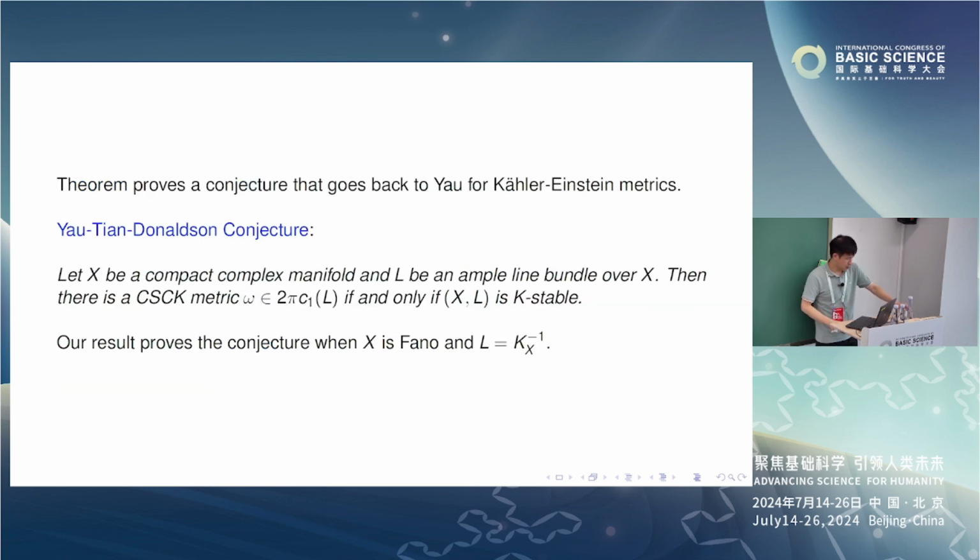So this theorem proves a conjecture that goes back to Yau for Kahler-Einstein metrics, and more generally the so-called Yau-Tian-Donaldson conjecture.